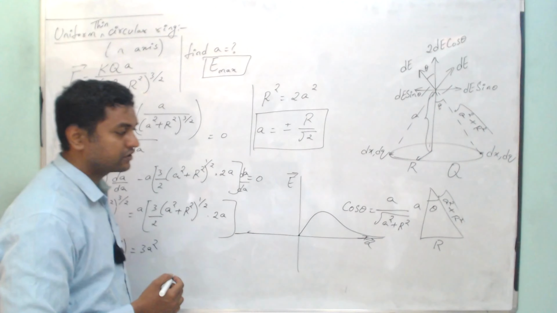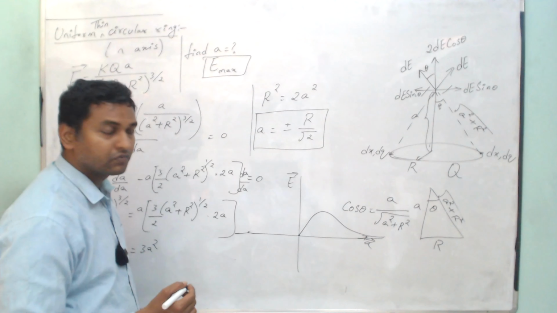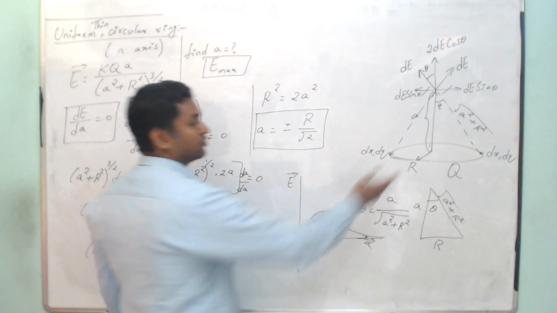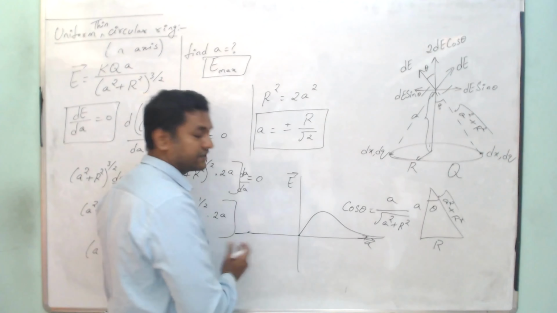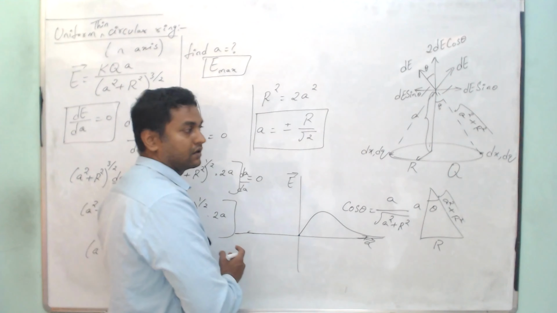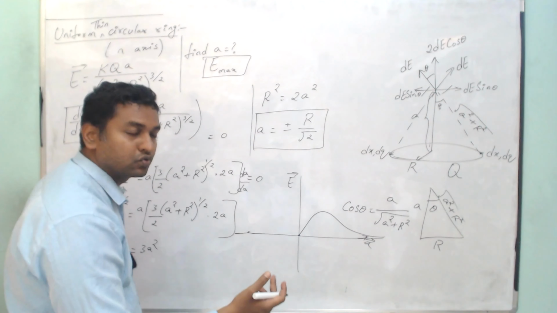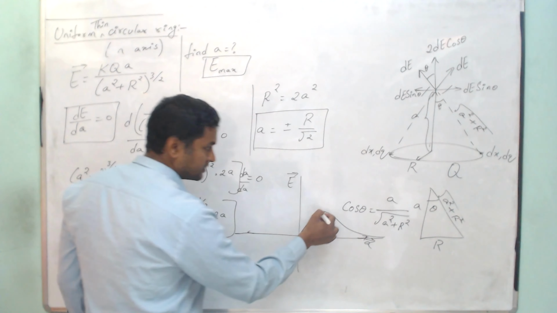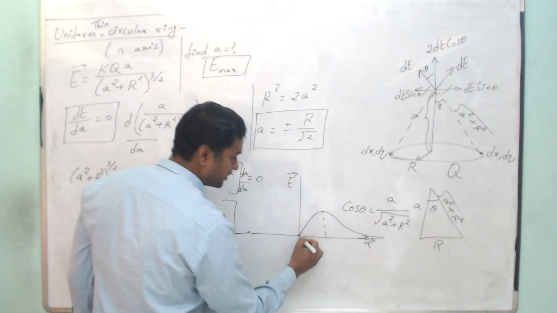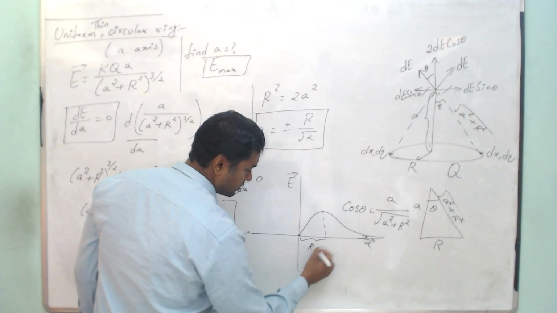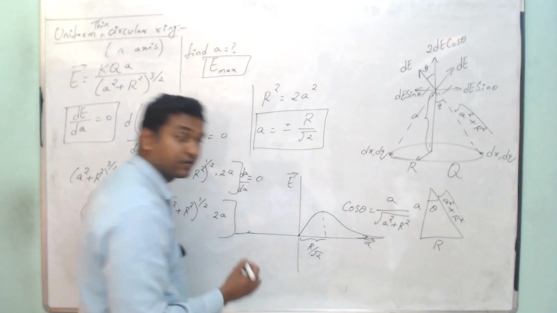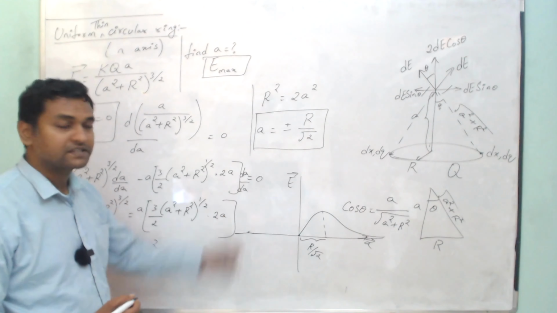And if you go below, that is negative A, there also you will get one maxima at minus r by root 2. See, this length is r by root 2. There I have a maxima.